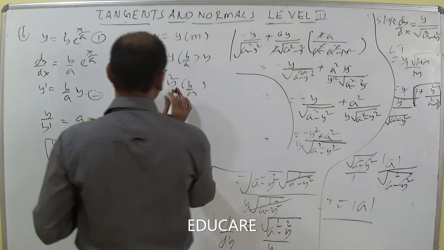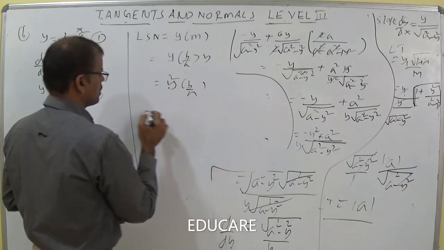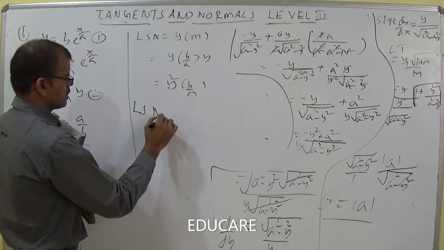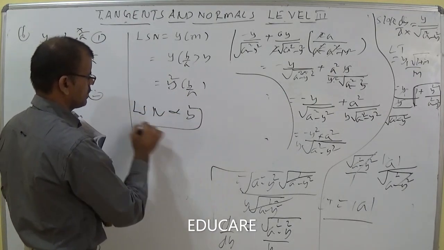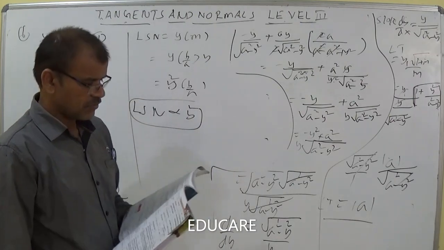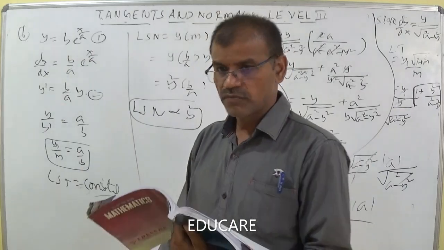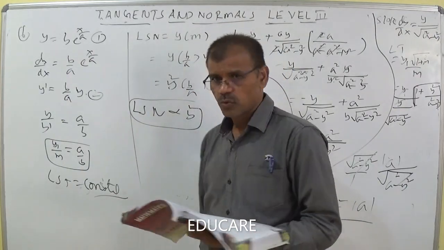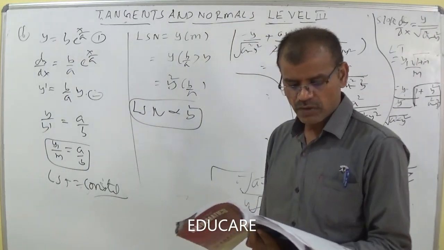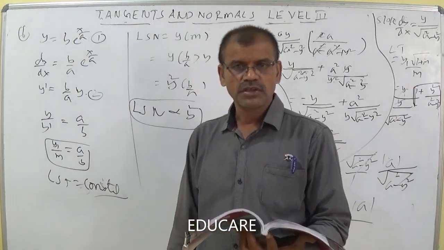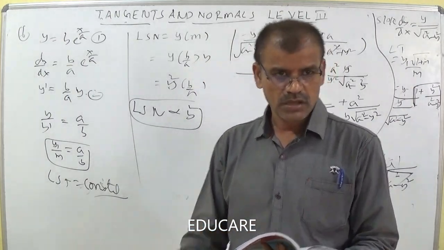Whenever you think of b by a as a constant, then LSN is directly proportional to y square. Therefore it indicates subnormal varies as the square of the ordinate. Ordinate means y, so y square is the square of the ordinate. So both A and B are correct.